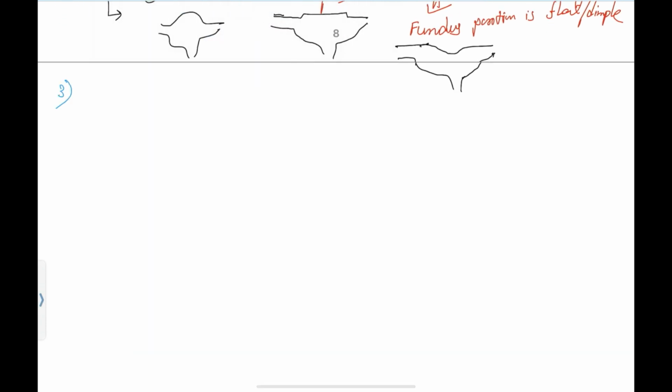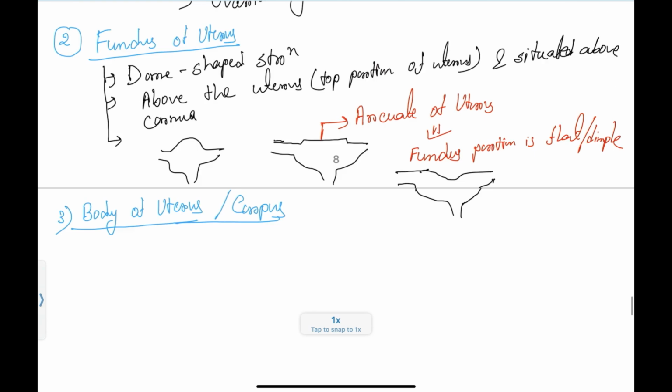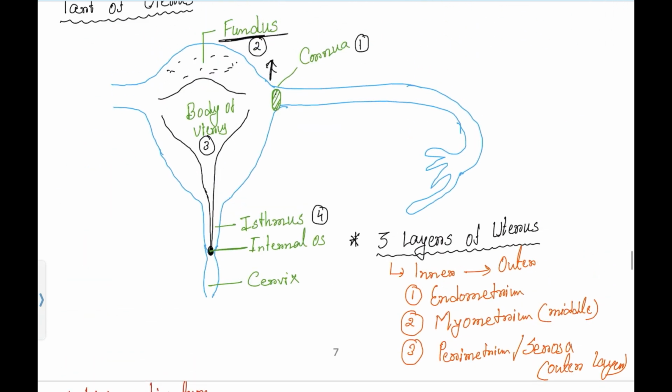Now coming to the third part, the body of the uterus. Body means the corpus region. What things do you need to remember from the body of the uterus?